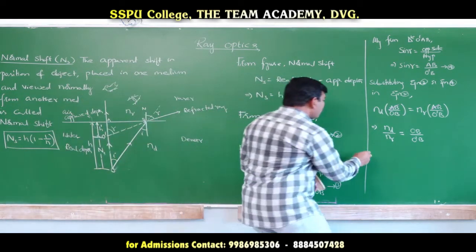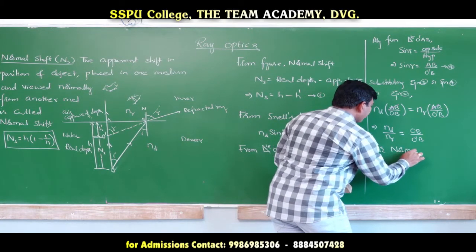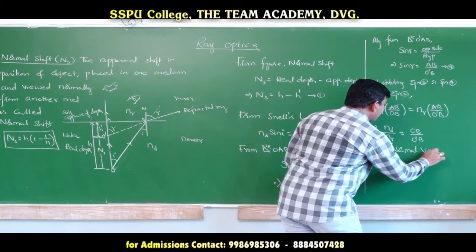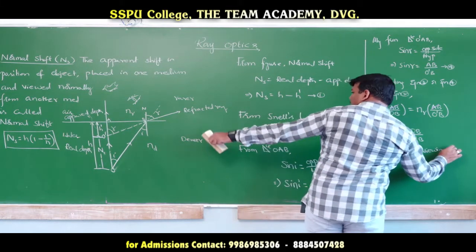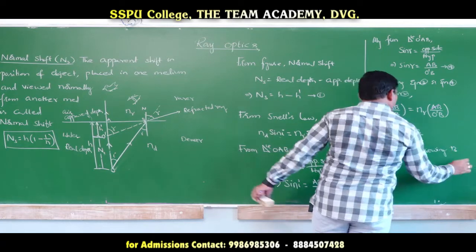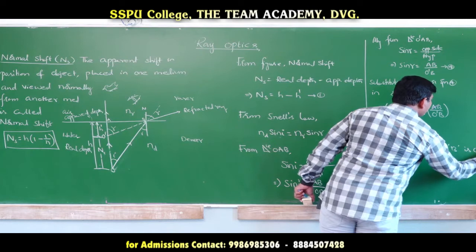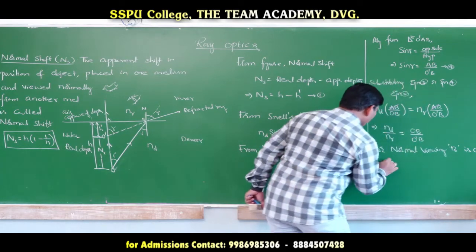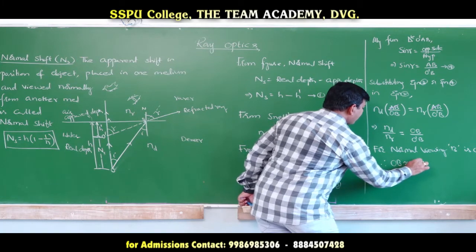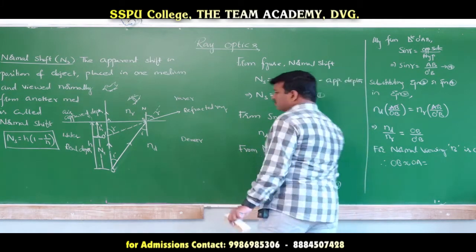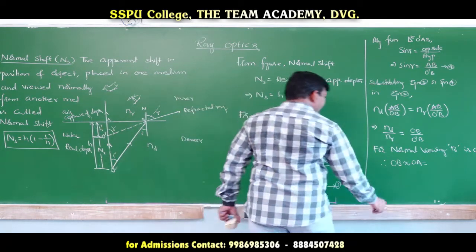Therefore, for normal viewing, B is close to A. Therefore, I can say OB is approximately equal to OA. What is OA here? OA is nothing but real depth, that is equal to h.